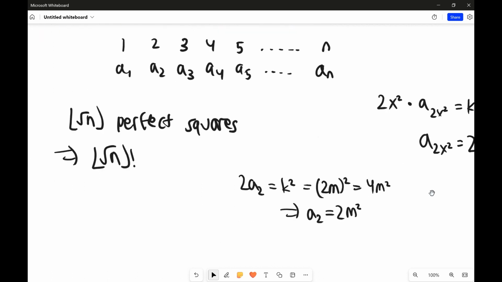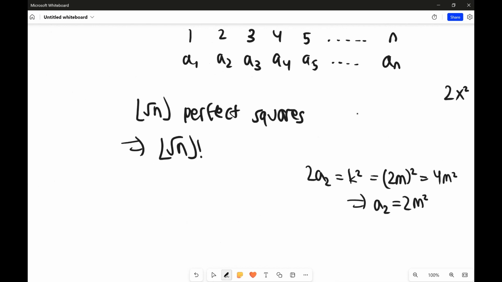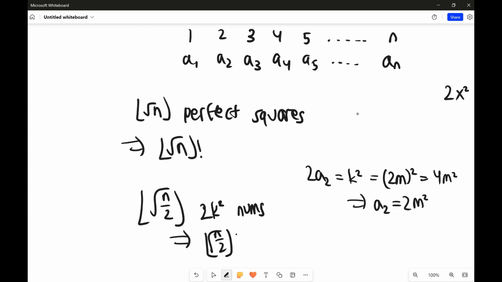So all of the numbers that are twice a perfect square permute to each other as well. There are floor of square root of n over 2 numbers of the form 2k squared, and that gives a total of floor(√(n/2)) factorial ways to deal with this.